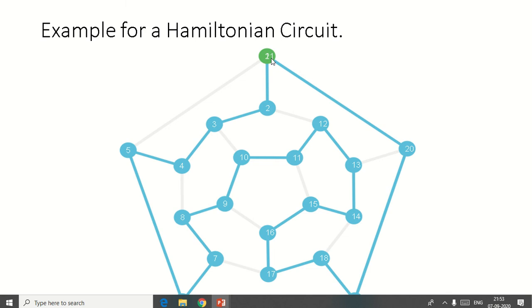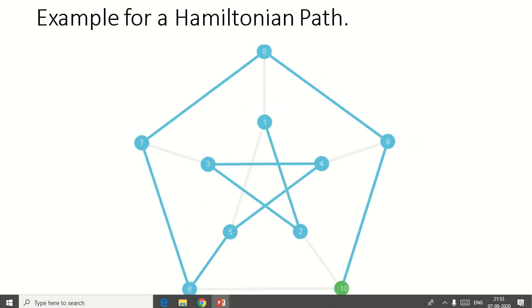This is a closed circuit and it touches all the vertices exactly once. Now, an example for a Hamiltonian path. In this figure, we start from vertex 1, then 2, 3, 4, 5, 6, 7, 8, 9, 10. It is a Hamiltonian path starting at 1 and ending at 10.